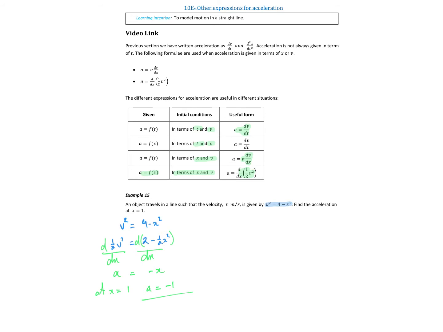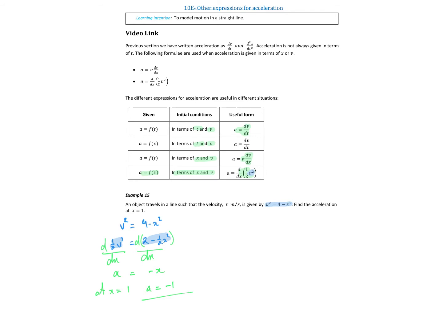Now I guess it's really just noticing here that v squared, so don't forget that's really saying if we take the derivative of a half v squared with respect to x, we get the acceleration. So I've got v squared, so if I work out a half v squared, just divide both sides by 2, and then take the derivative of both sides with respect to x.